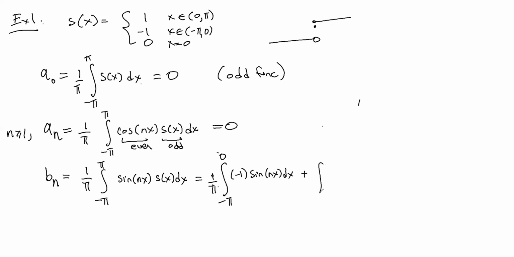And then you have an integral from 0 to pi, where it's 1. But that's actually just the same integral twice, because if I flip the limits on the first integral, I pick up another minus sign. So this is just 2 over pi times the integral of sine nx dx.